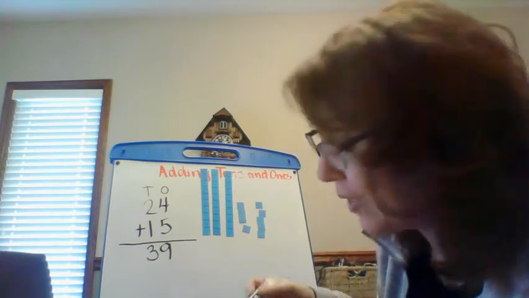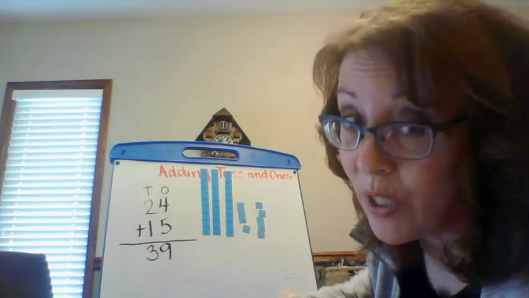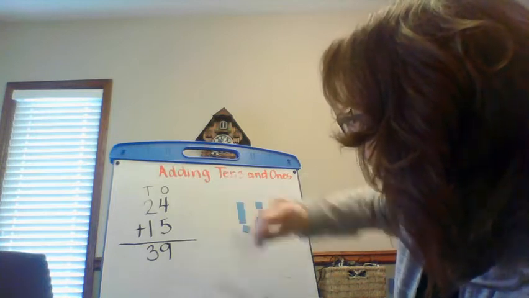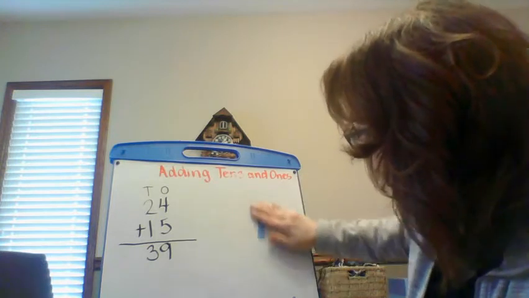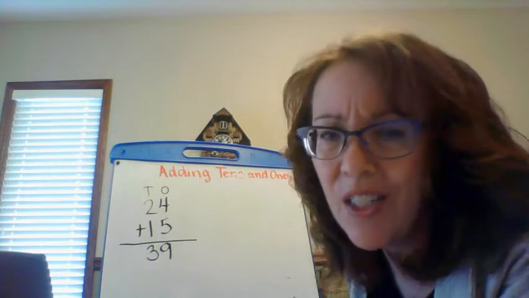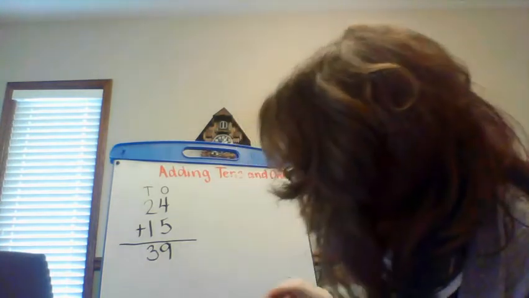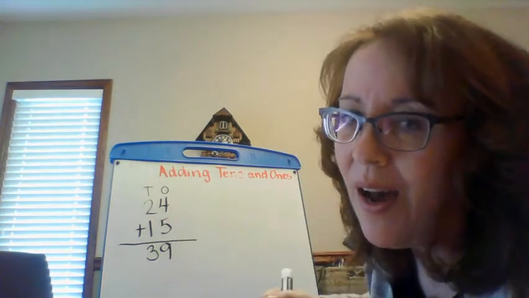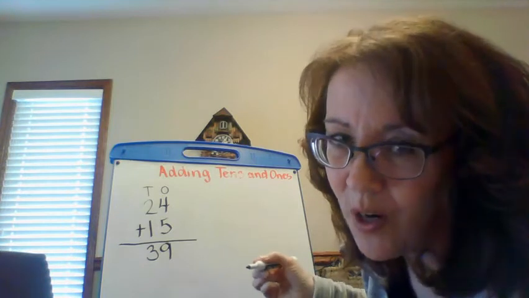The second way we're going to do it is by expanded notation. First, let's take this off. And we want to think about our numbers and what they really mean. So if I look at 24, I know that it's not 2 plus 4. I know my 2 stands for 20.